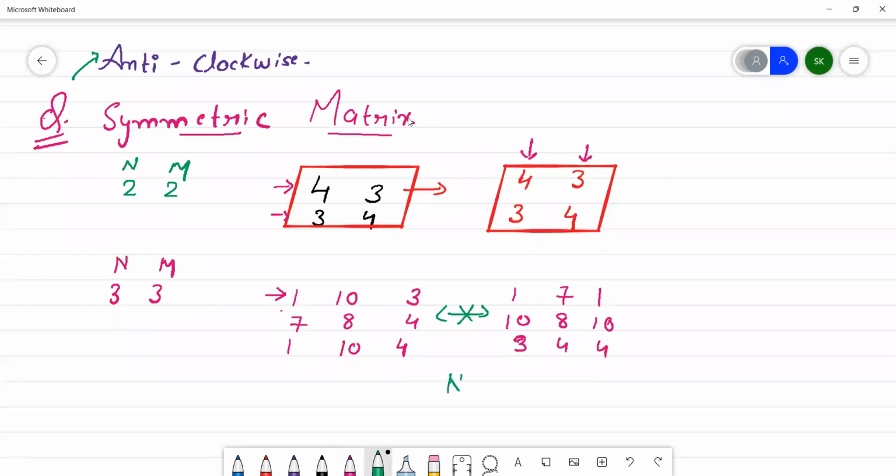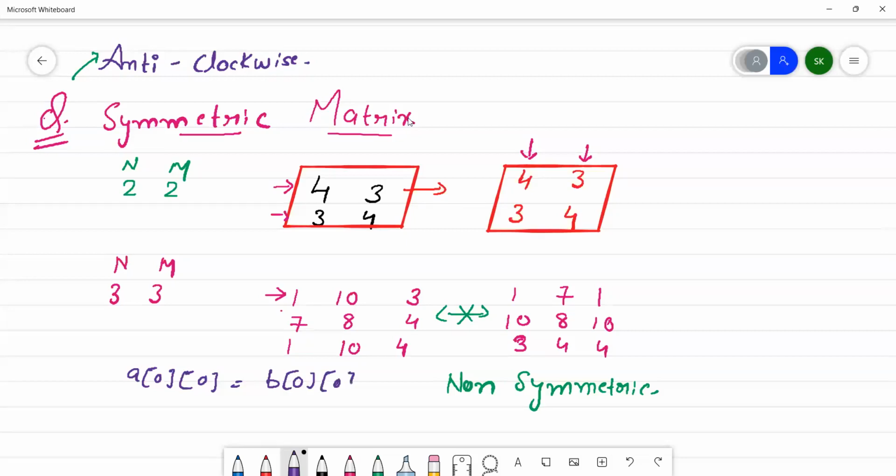So this is non-symmetric. You guys know how to find the transpose, and how to match the matrices. Obviously, you need to check one by one. If the first element A of 0, 0 is equal to B of 0, 0, and similarly for the rest, and at the end all the elements are equal, then it is a symmetric matrix.